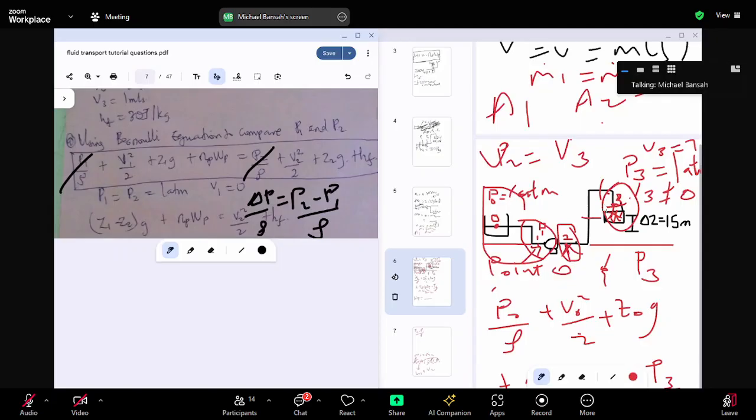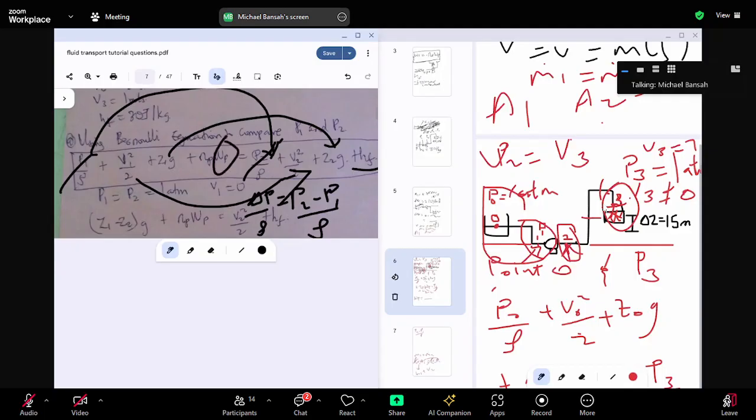We will group the Z2 and the Z1, sending the Z1 to this side. We will send this P2, P1 here. The sign changes to negative. We now have V2 and V1 from the calculation we did. So we can send the V1 also to where the V2 is to get V2 squared minus V1 squared all over 2. HF is known.